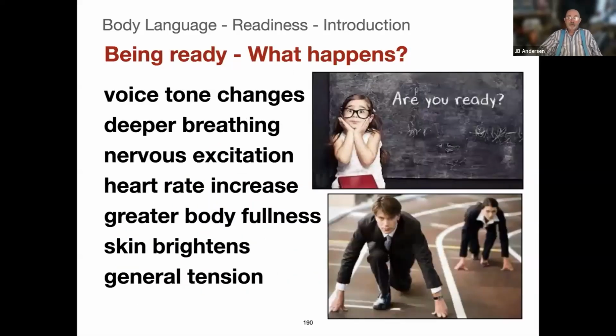So voice tone changes when you're getting ready. Your voice might get deeper, or you might talk louder. Deeper breathing occurs. You're preparing yourself for something that you know is going to happen here.